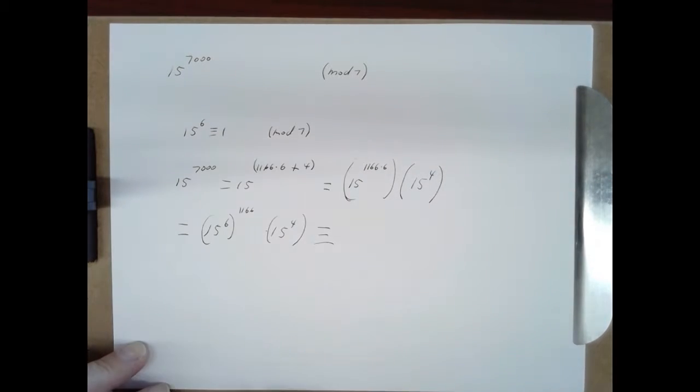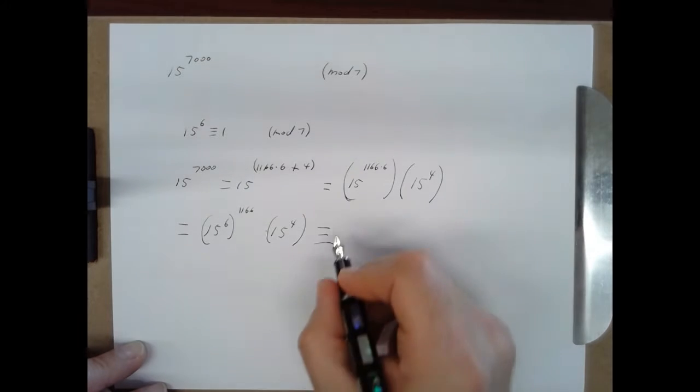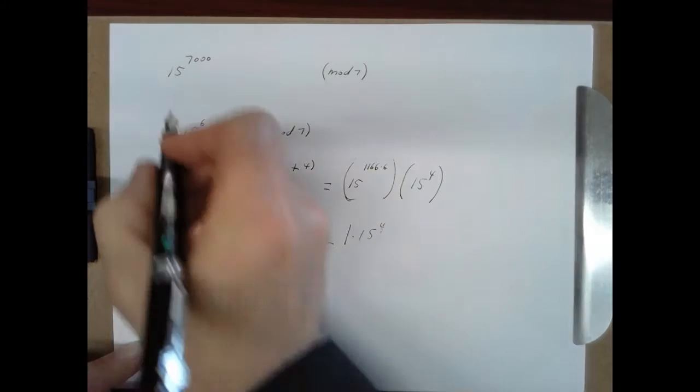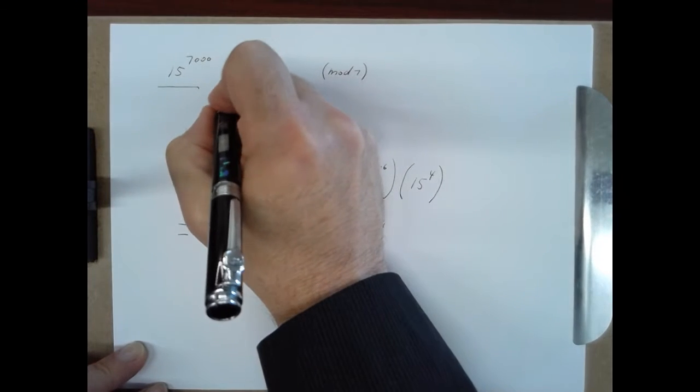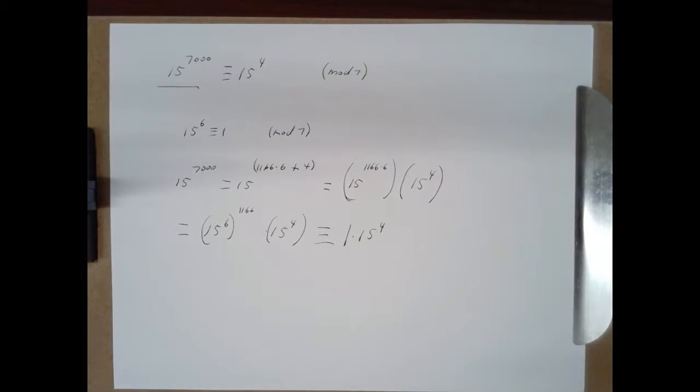And since 15 to the 6th is congruent to 1, this is just 1 to the 1166, so this is congruent to 1 times 15 to the 4th. So we know that this is congruent to this. So let's just take a problem with a ridiculously large exponent and reduce it to a problem with a much smaller exponent.